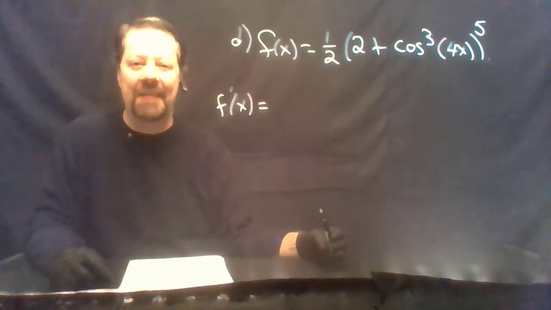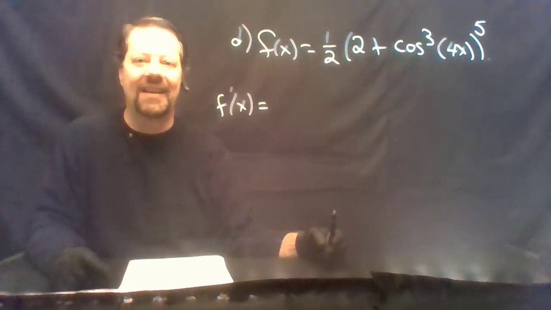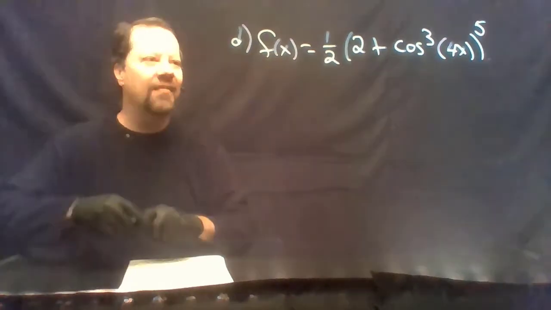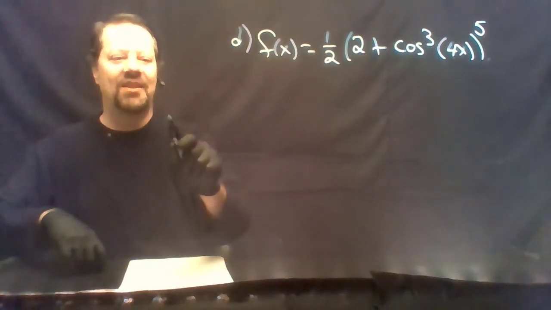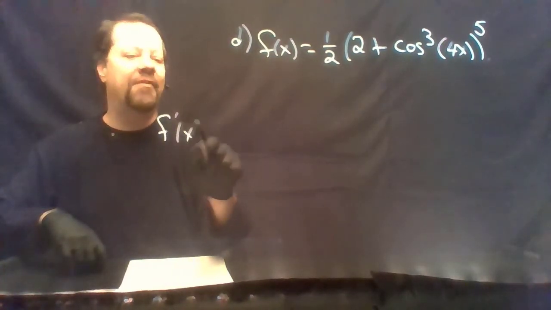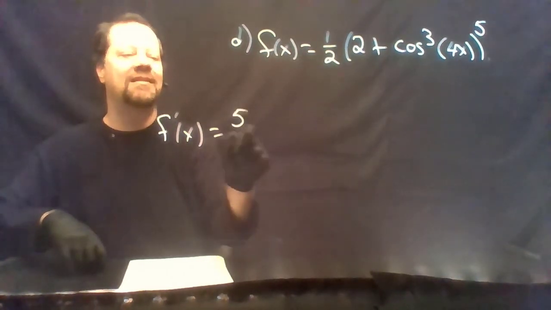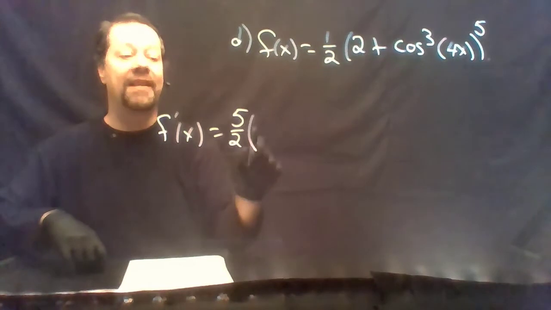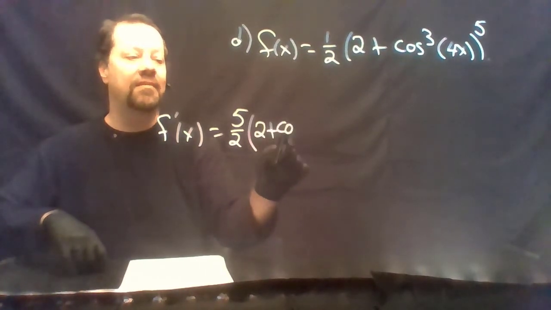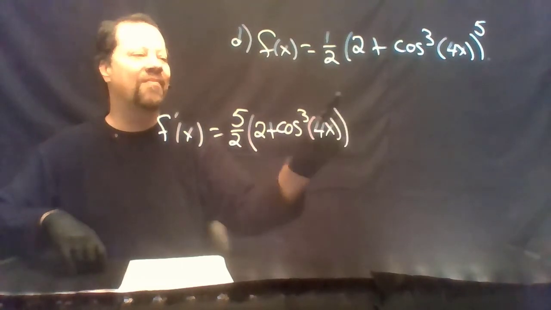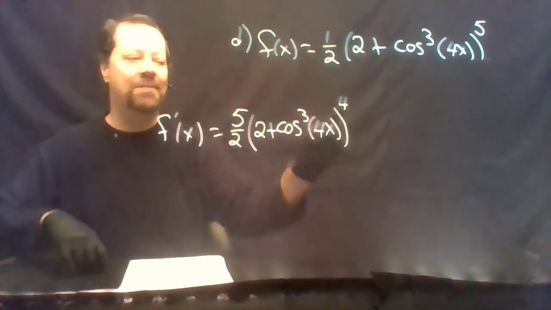We have multiple applications of the chain rule and a couple applications of the power rule. We have f prime of x equals, bring the power down, leave the inside alone. We deal with that later. Subtract 1 from the exponent.